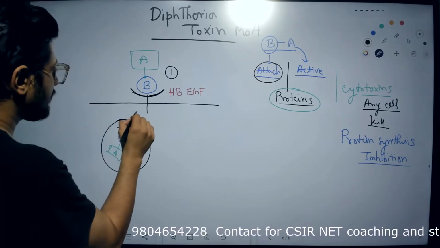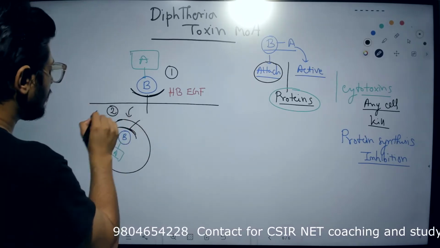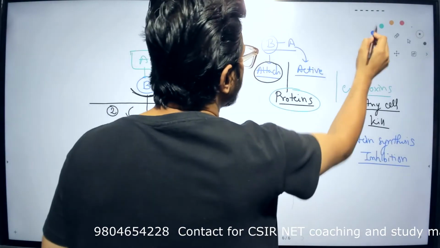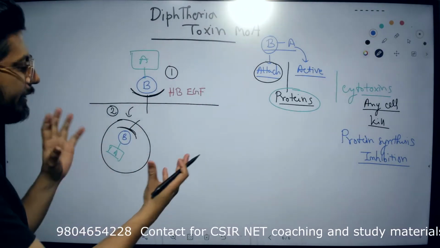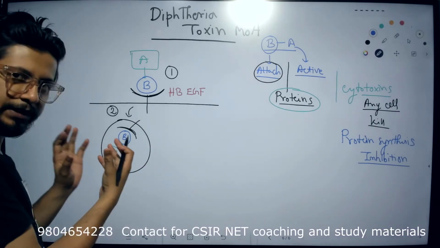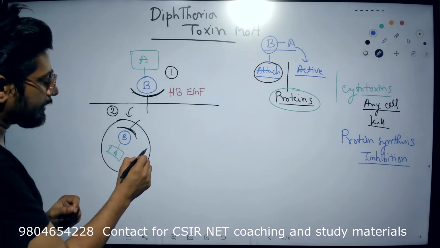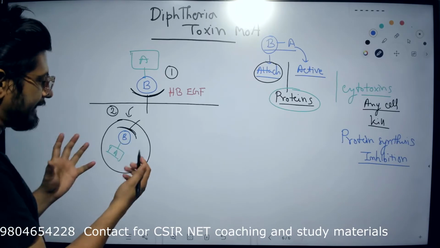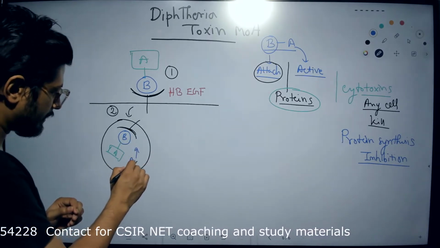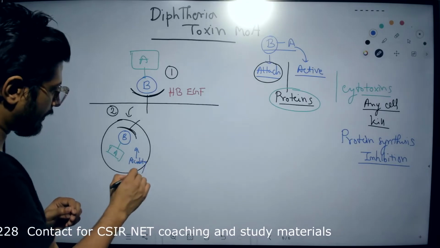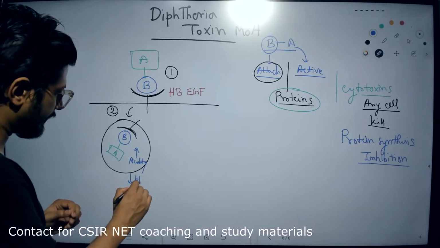Second step is internalization. Step number 3 is fusion of the endosome, or basically here either the existing endosomes will fuse with this vesicle, or they'll recruit the proton pumps that will increase the acidity. Higher acidity means lower pH inside the vesicle.